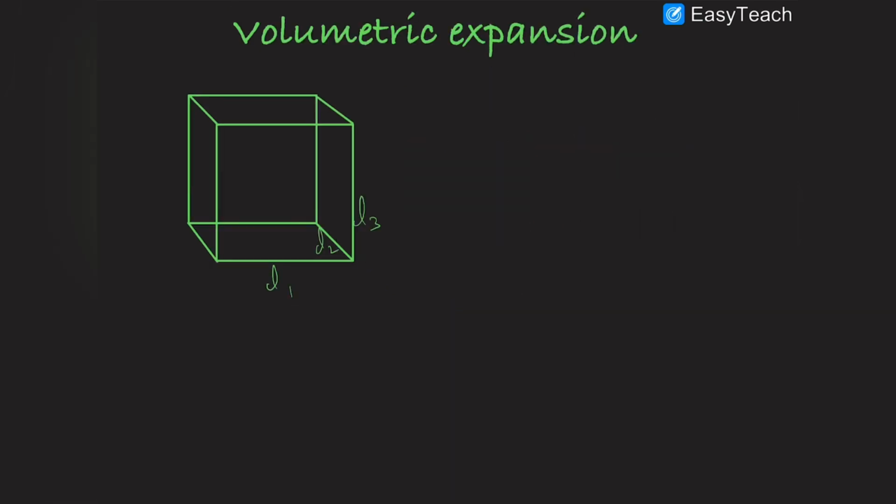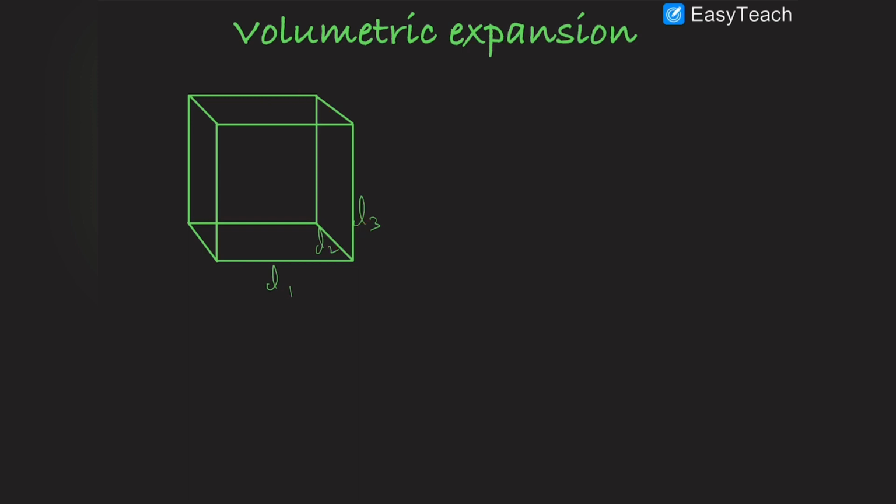Okay, and now we come to volumetric expansion. Here you can see that there is a cube having different lengths in all 3 directions, and it is an anisotropic cube in which the expansion coefficient in all 3 directions is different.